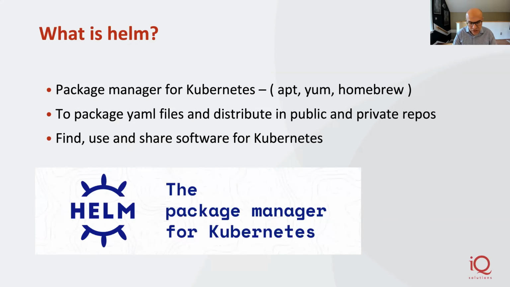I also wanted to quickly introduce Helm in this discussion about Kubernetes. It's basically a package manager for Kubernetes. Think of it like yum, apt, or the other package managers that exist. It's a great way to package YAML files and distribute them in public and private repos.